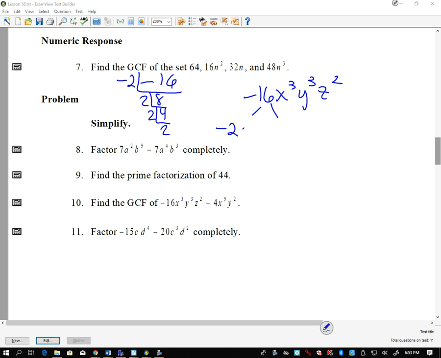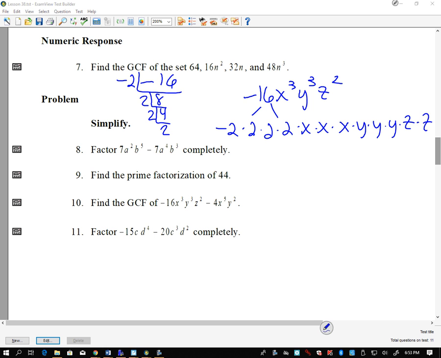So we'd get negative 2 times 2 times 2 times 2. 2 to the 4th is 16. Times x times x times x times y times y times y times z times z. That's the complete expanded form.